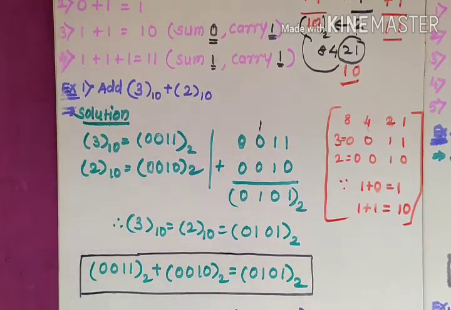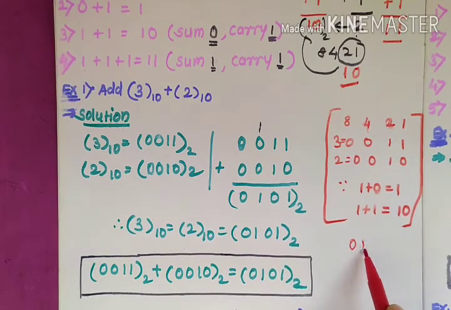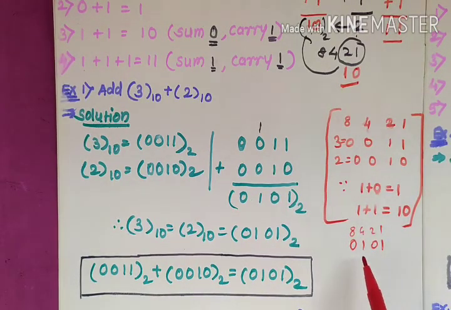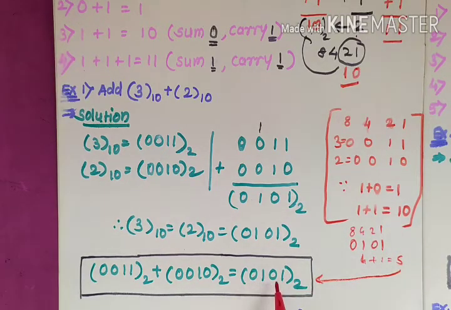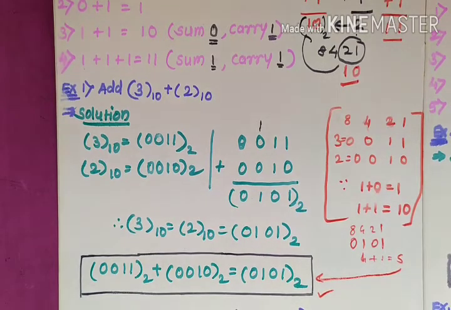Let us write 0101, and we know the 8421 code. According to this code, this is 4 and this is 1. 4 plus 1 will be 5, and this is the equivalent of 5, 0101. So the answer is correct. In this way you can solve different types of examples.